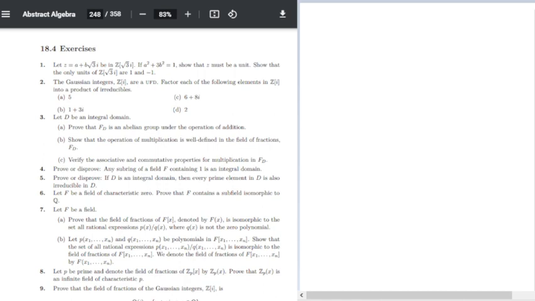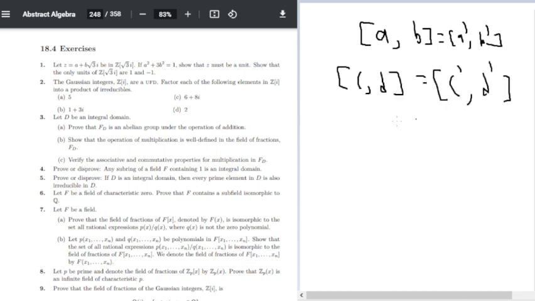Show that the operation of multiplication is well defined in the field of fractions, F_D. So what you want to show is that if a/b is equal to a'/b', and we have that c/d is equal to c'/d', we need to show that a/b times c/d is equal to a'/b' times c'/d'.